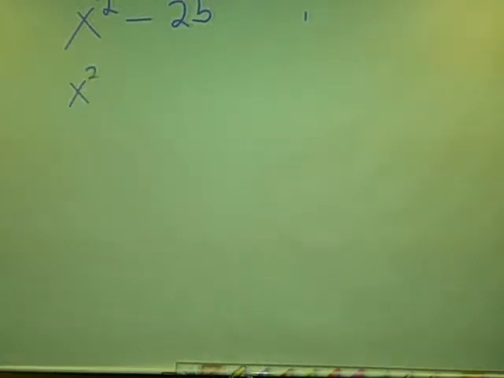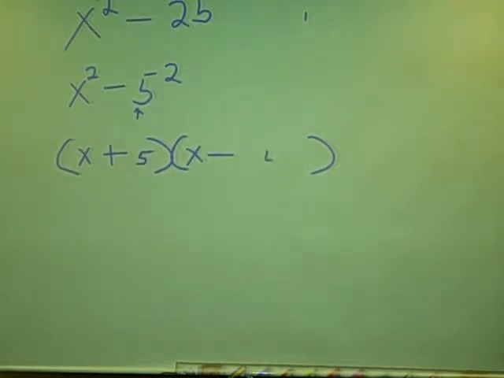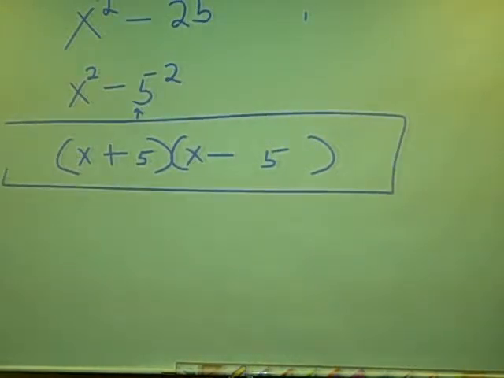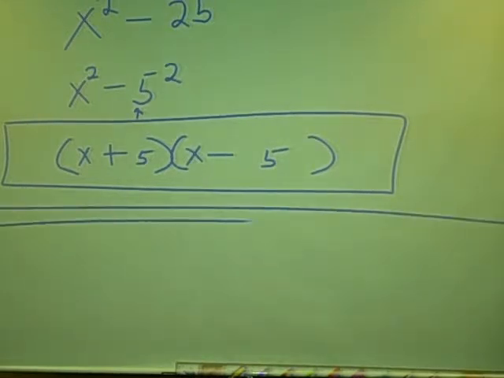So this would be like x squared minus 5 squared. So the 5 squared, that's like the y squared. So we put our x's in, our signs for the difference of two squares are going to be plus and a minus, and then we look at the base. We put 5 and 5. Okay, and that's our difference of two squares. So if we checked it, we would get x squared minus 25. Okay, so far so good there.